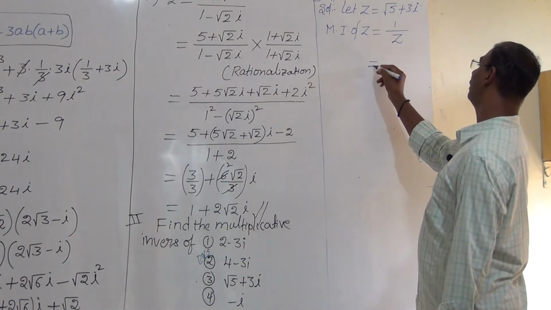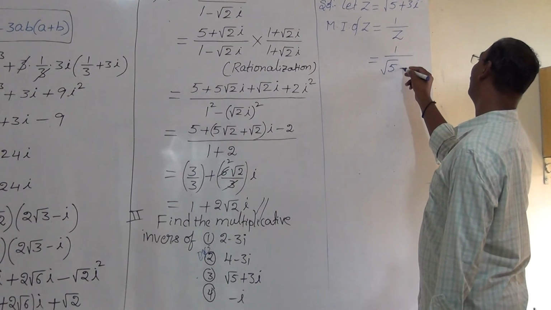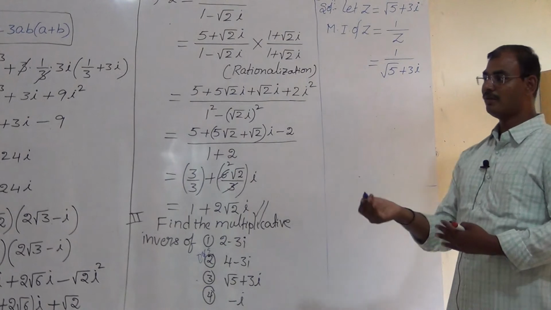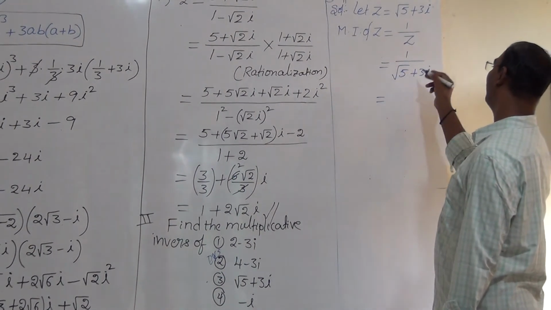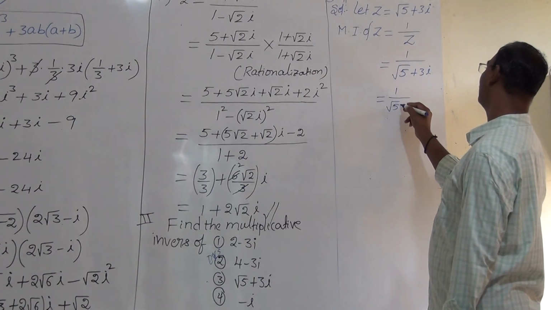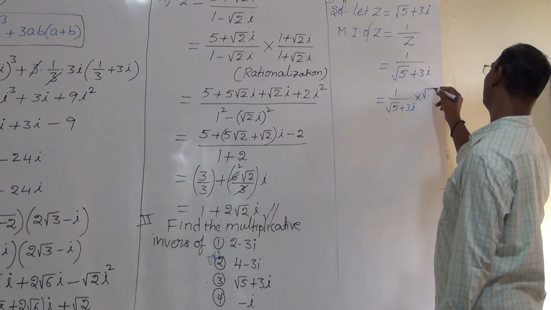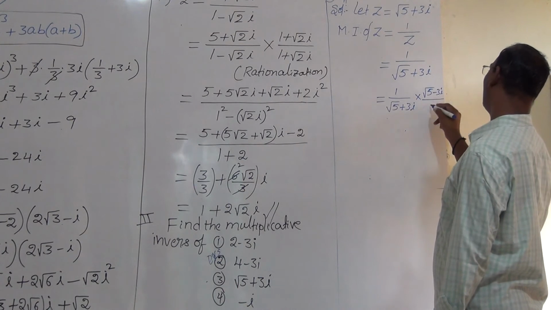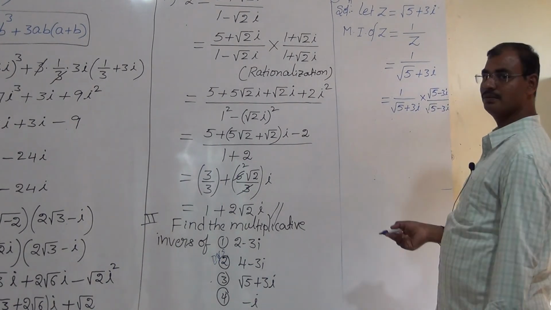This is equal to 1 upon square root of 5 plus 3 iota. Hereafter what to do? Multiplying and dividing with the minus term. So 1 divided by square root of 5 plus 3 iota, rationalization, square root of 5 minus 3 iota upon square root of 5 minus 3 iota.